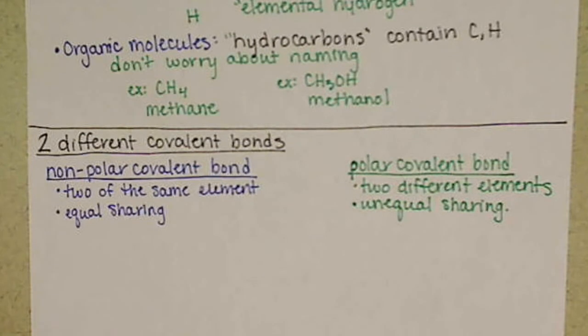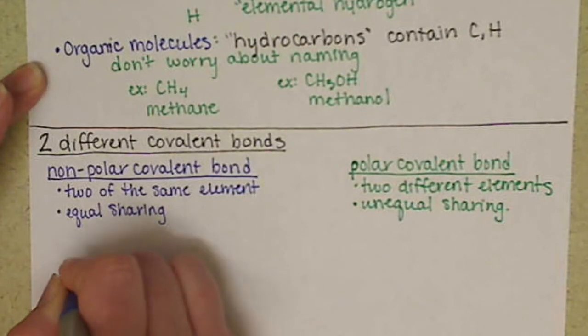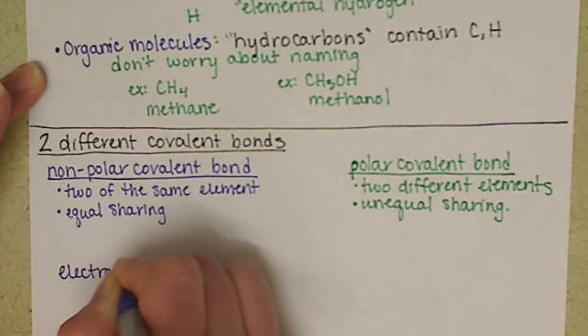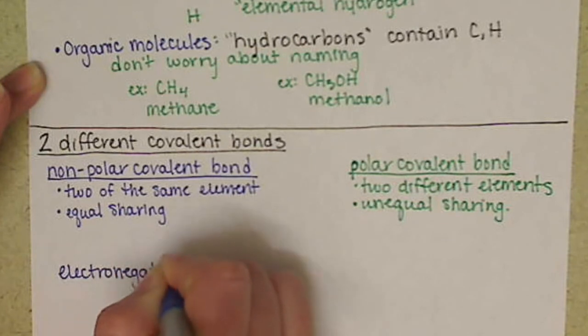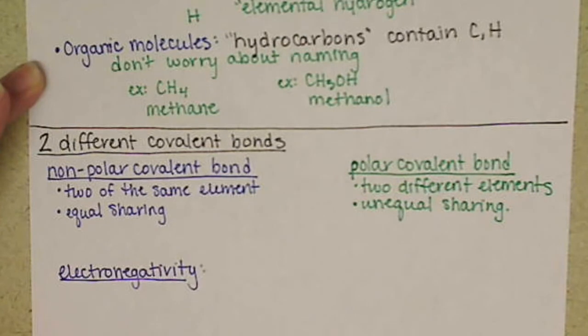Now in chemistry, we give a specific term to this ability to share electrons. Okay, and your book goes through this. The term is called electronegativity. And this is the ability of an element to attract an electron towards it.